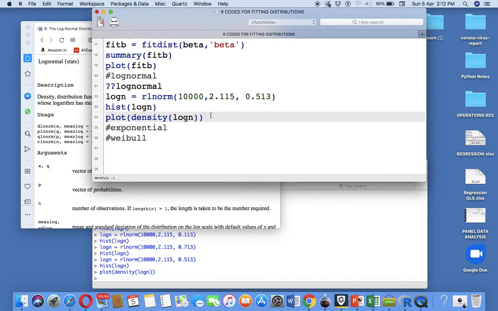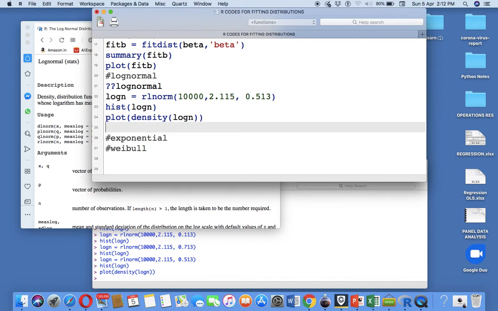Now I'm going to fit this. What I call it, I say fit L, for log normal. So in bracket, the data is LOGN.